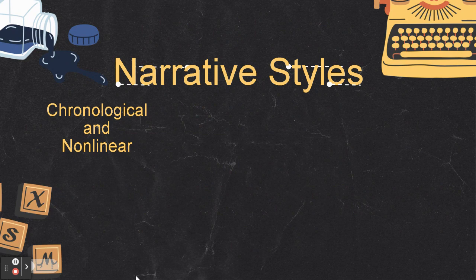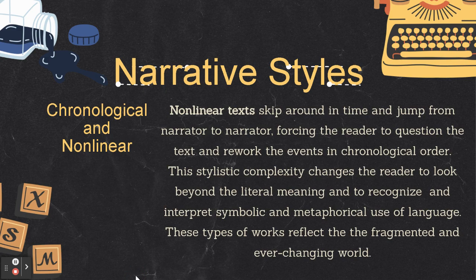So we are going to be reading different narrative styles, chronological and non-linear. You might want to take a note on that if you're not sure what that means. Non-linear texts skip around in time and jump from narrator to narrator sometimes, forcing the reader to question the text and rework the events in chronological order.